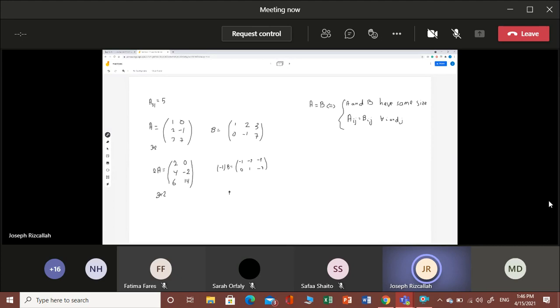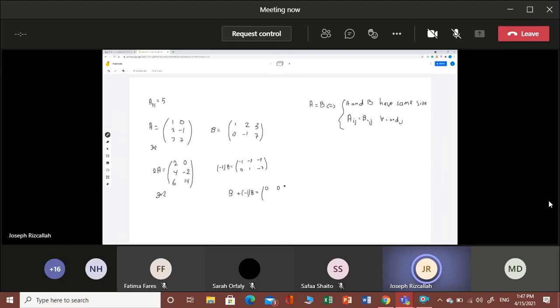So now let me try to add these two matrices. What do I get if I add the matrix B to the matrix B multiplied by -1? Let's see. I get 1 plus -1, so the first entry in the first row is going to be 0. Then 2 plus -2, which is 0, right?